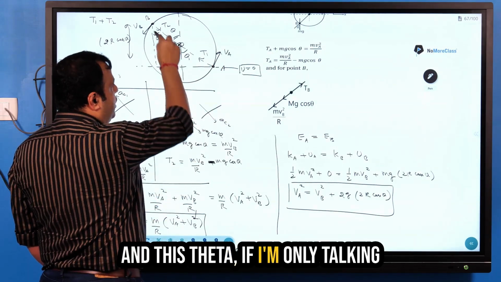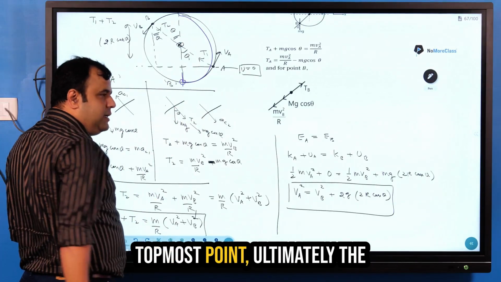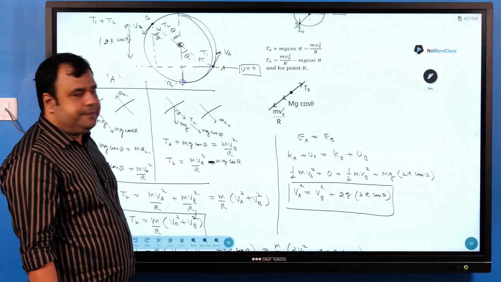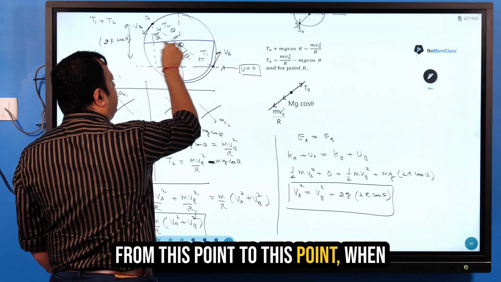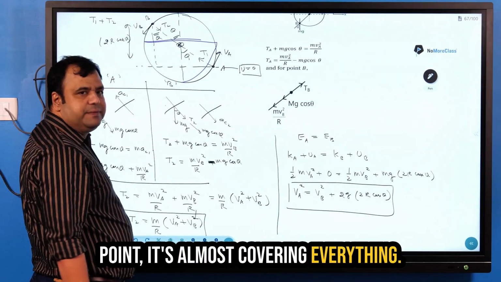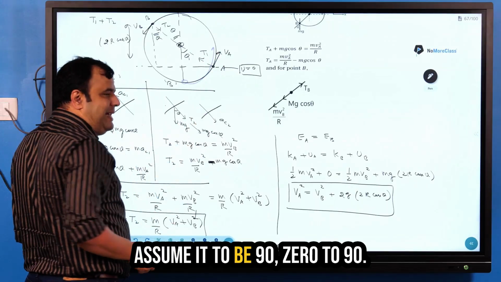If I go to the topmost point, theta will vary from 0 to 180. Since it is almost covering everything, the variation of theta from the bottommost point can be assumed to be 0 to 90.